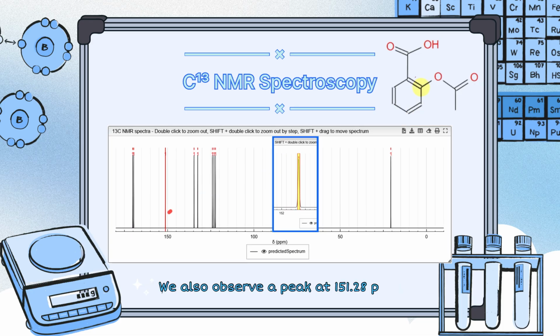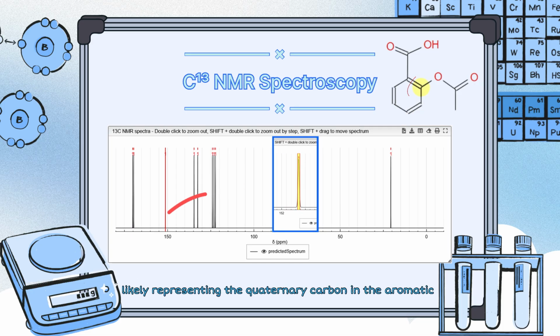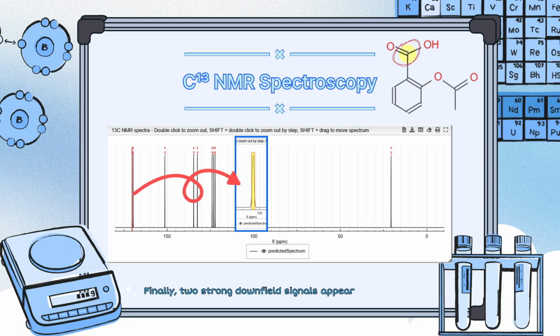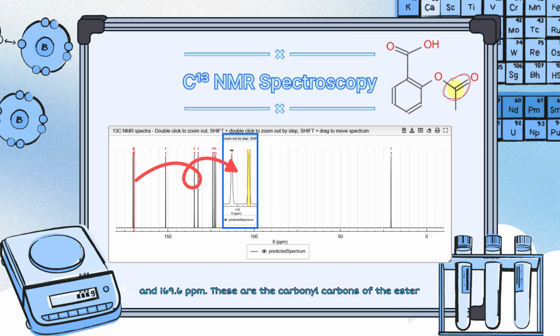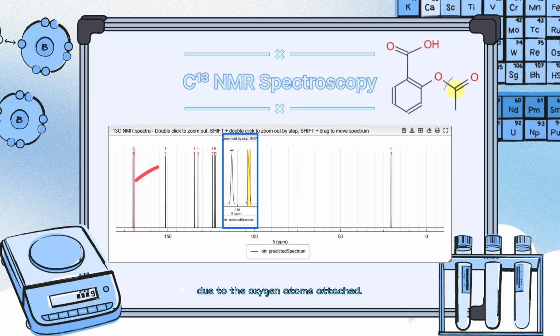We also observe a peak at 151.2 ppm, likely representing the quaternary carbon in the aromatic ring connected to the ester or acid group. Finally, 2 strong downfield signals appear at 170.2 ppm and 169.6 ppm. These are the carbonyl carbons of the ester and carboxylic acid groups, both highly deshielded due to the oxygen atoms attached.